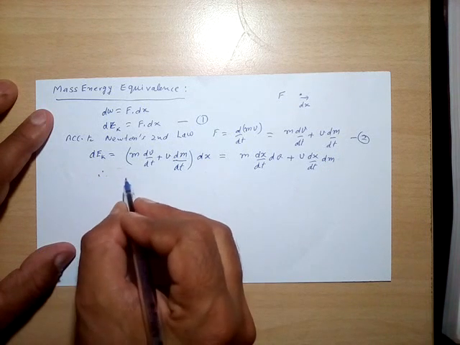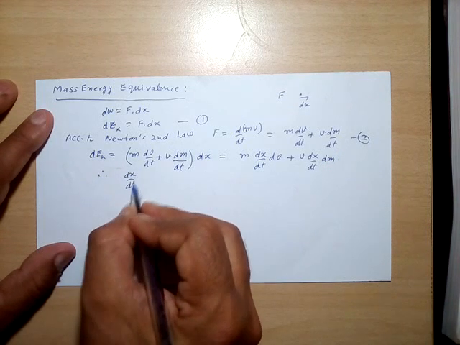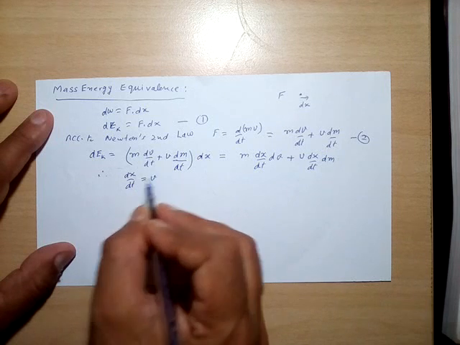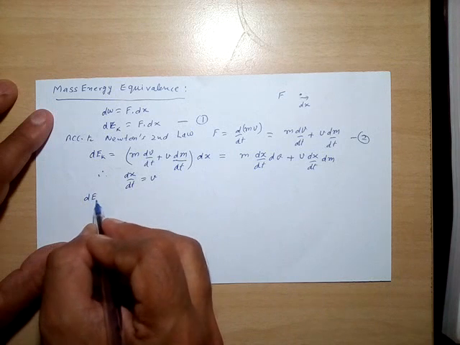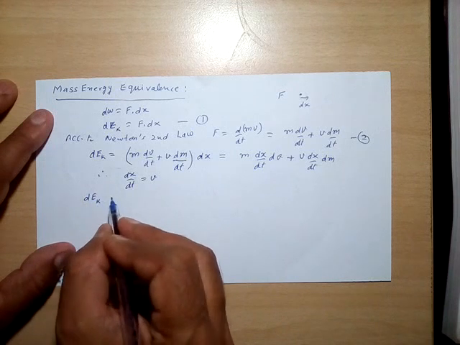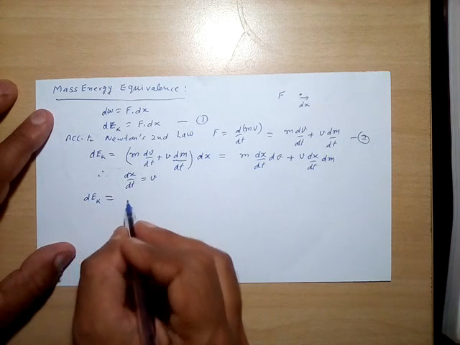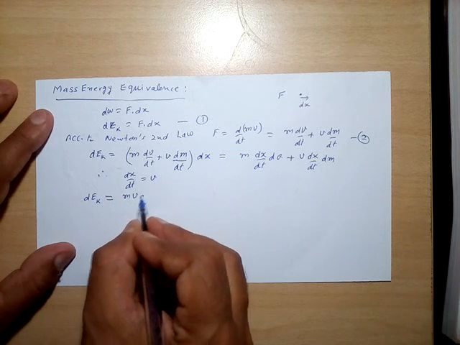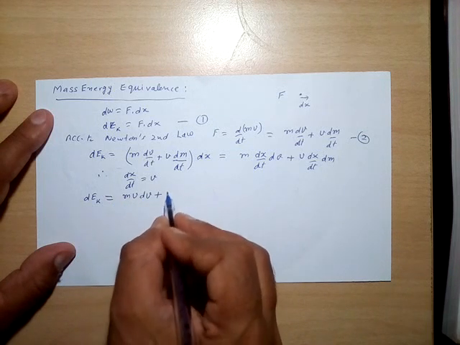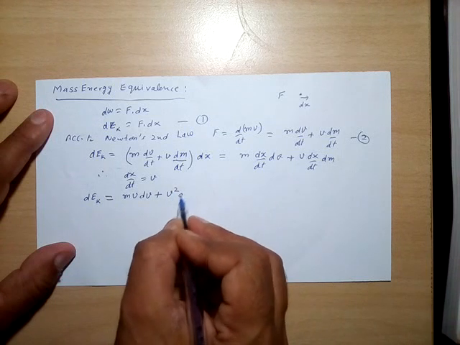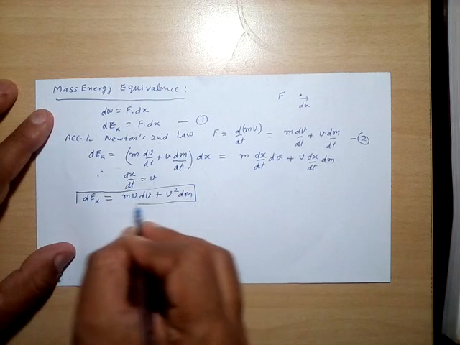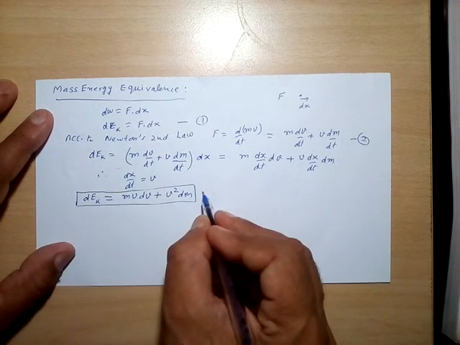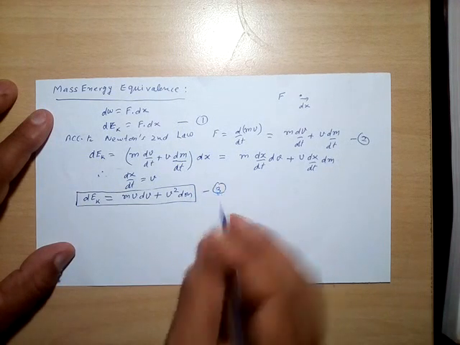Here I will replace this dx/dt with the velocity v. So the above relation for the change in kinetic energy comes out to be m v dv plus v square dm. So this is equation number 3.